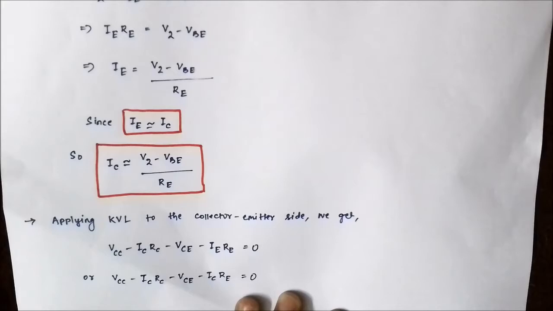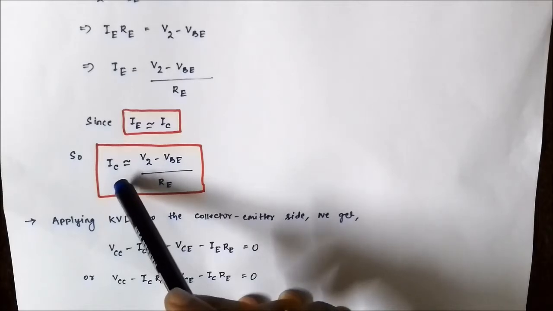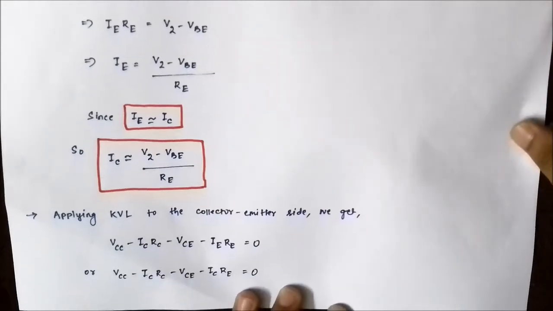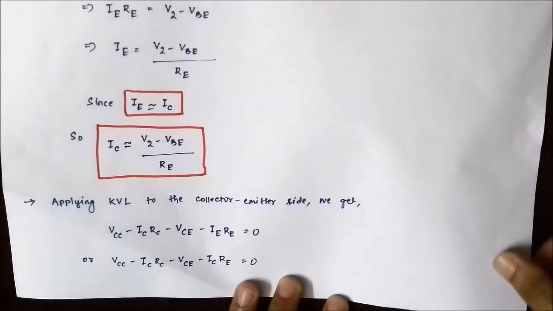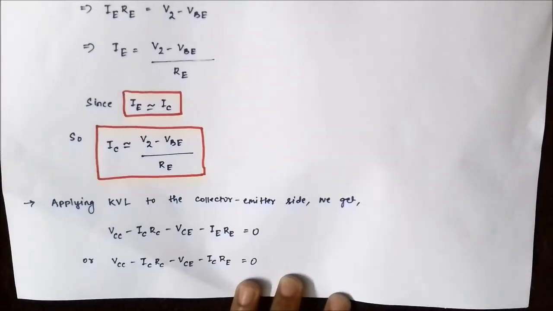As the common emitter configuration is the popular, widely used BJT configuration, all of the output characteristics are plotted using the collector emitter voltage, which is the output voltage, and the collector current, which is the output current. So we have determined the expression for collector current. Now we will determine the value of the collector emitter voltage.